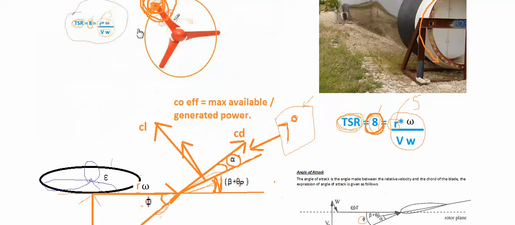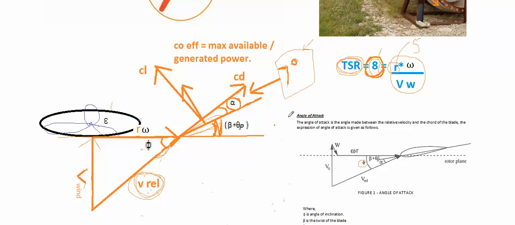Now in the last video what we did is we designed the twist angle for this element at a tip speed ratio of 8. That means if the tip speed ratio is 8, we do not need to pitch it because we have already designed the twist such that alpha will be the best at 7 degrees.